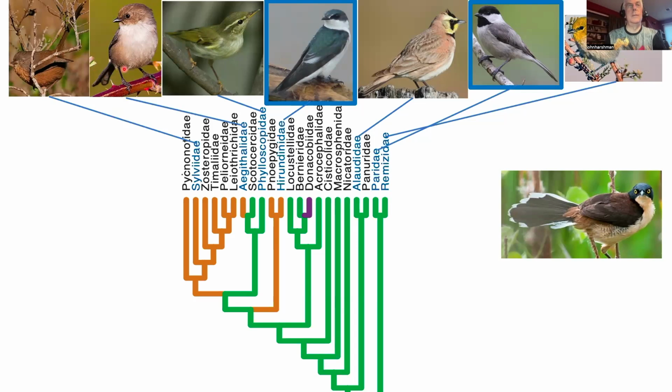The bushtit is the sole American member of the Old World family Aegithalidae, the long-tailed tits. Arctic warbler is the sole American member of the big Old World family Phylloscopidae, the leaf warblers.